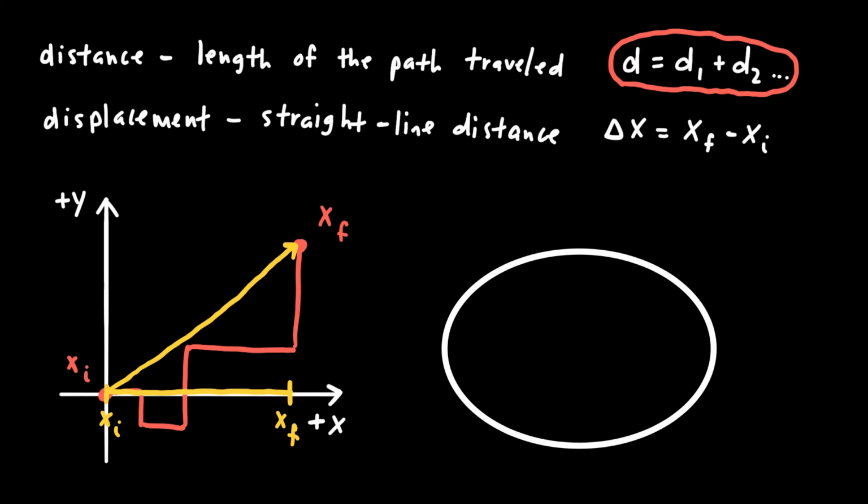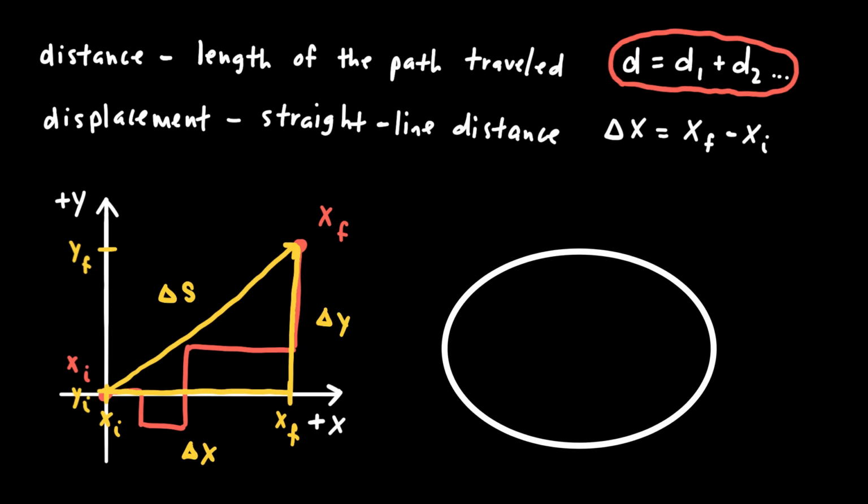And then in the y direction, I could use my initial y position and my final y position in order to calculate my displacement in the y direction. And ultimately, I could use my displacement in the x direction and my displacement in the y direction to find my total displacement, which maybe here we represent as delta s.